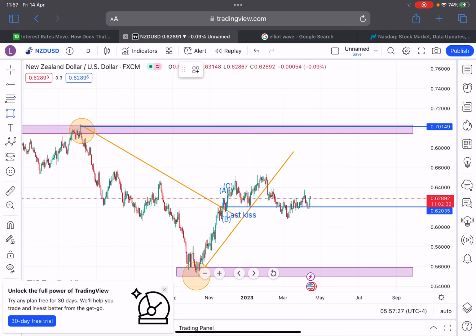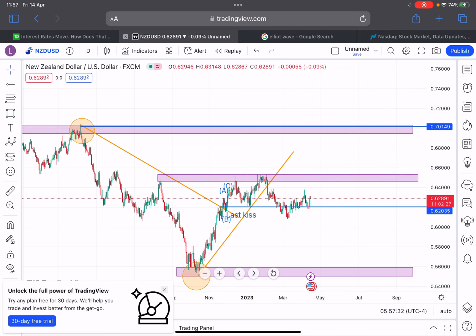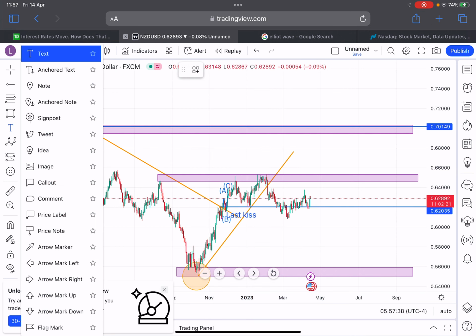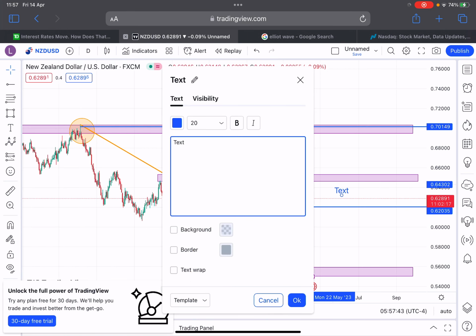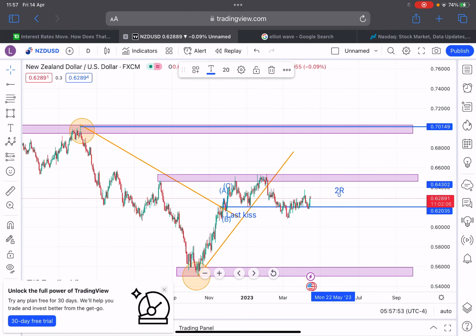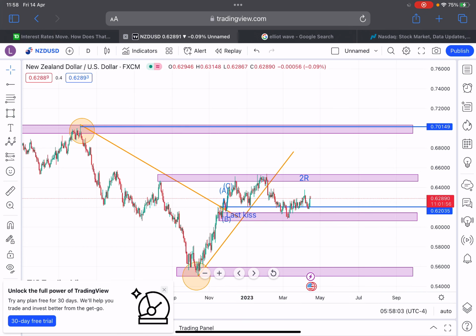So right now what we see is that the chart is busy failing to break this price, meaning this is our second resistance right here. This is our second resistance, this small resistance right here, and then we see that it is busy consolidating between that second resistance and this second support.